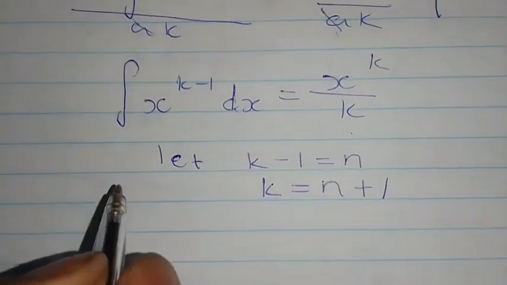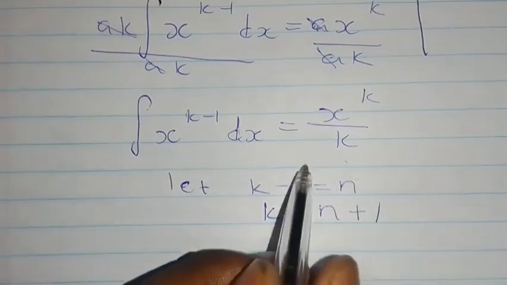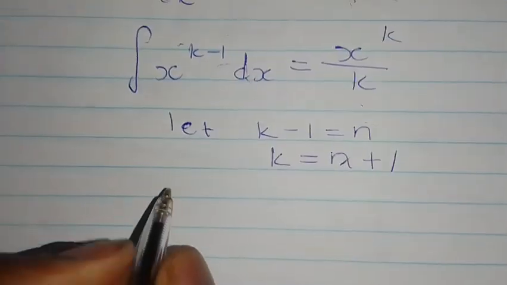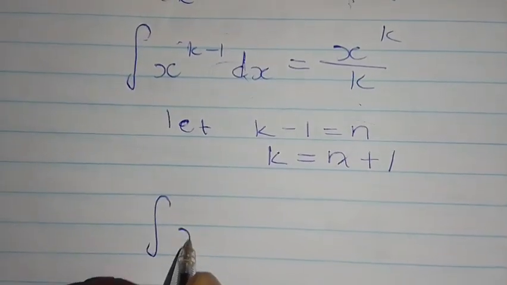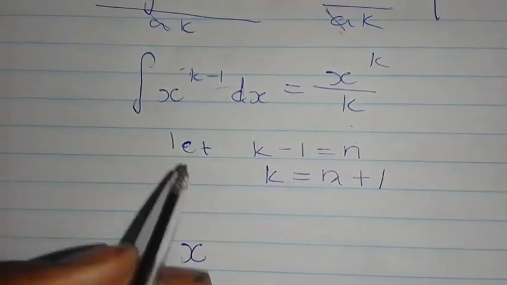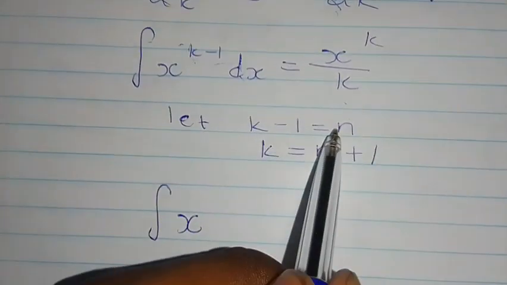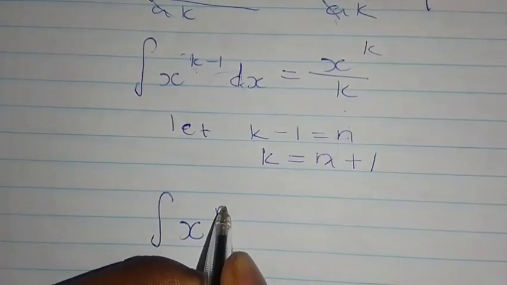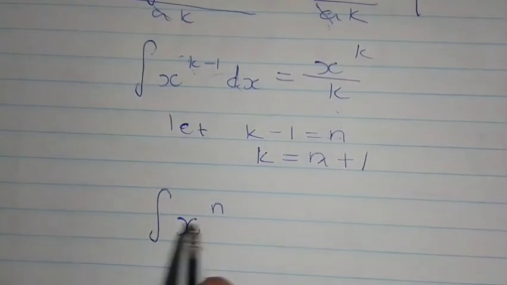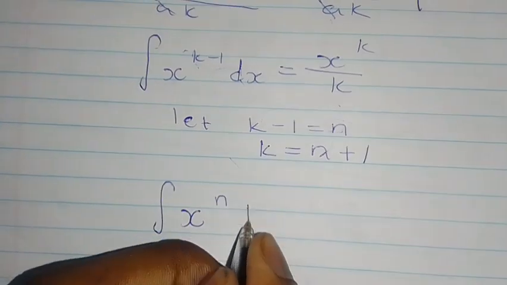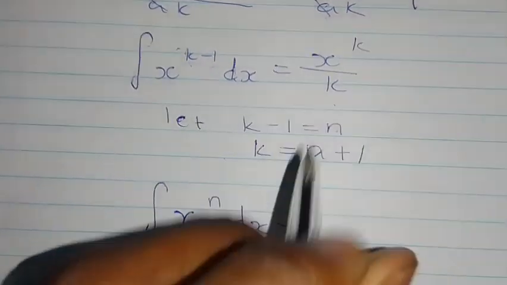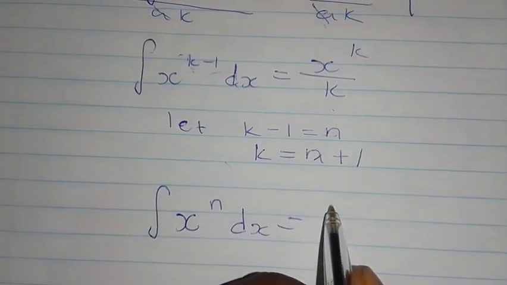Now, I'm going to substitute this in. Now, I'll have the integral, or the antiderivative, of x to the n dx. Since k minus 1 in this case is n, I'm going to have n. Here I'm just going to have x.